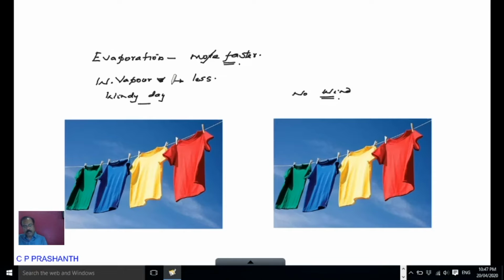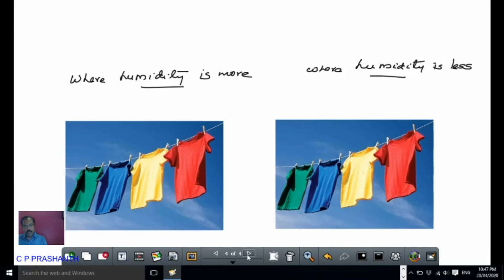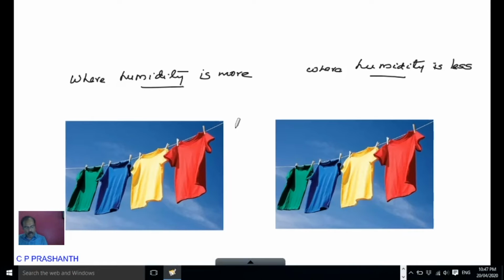When water vapor is less in the atmosphere, the evaporation will be faster. That is the reason on a windy day the cloth gets dried more easily, or on a windy day, evaporation is faster. Now let us discuss the next factor.